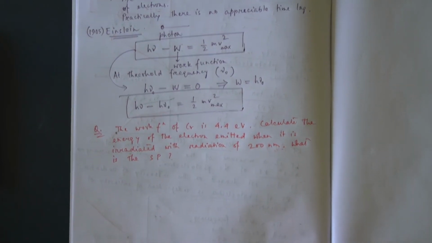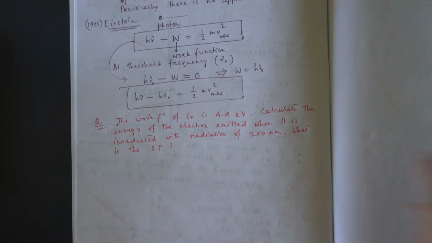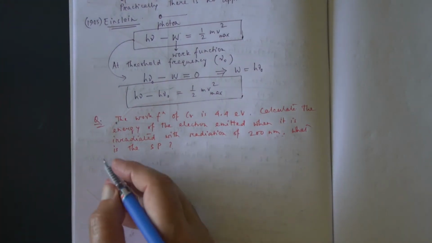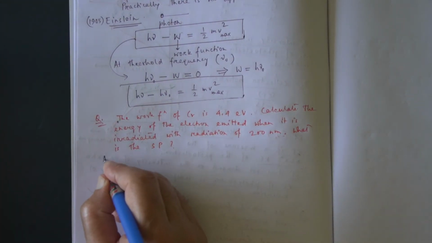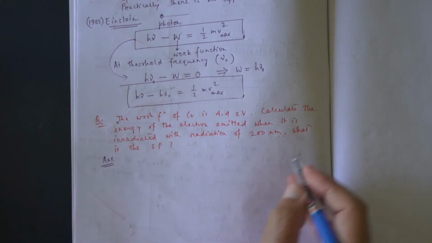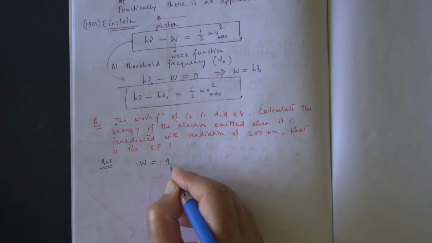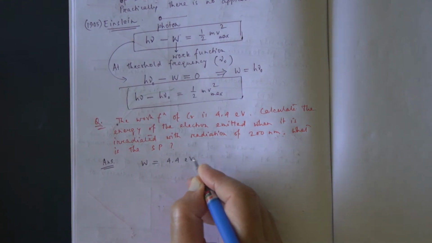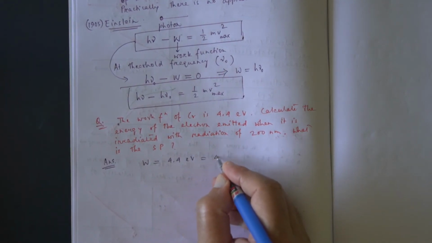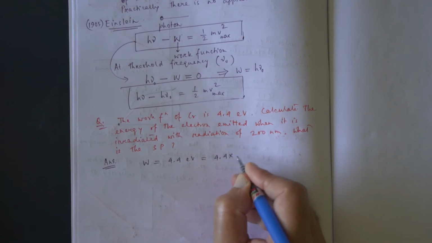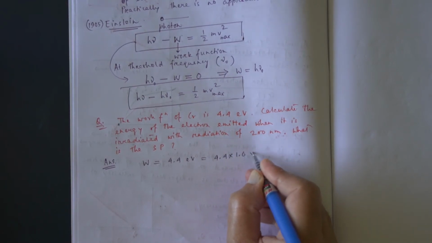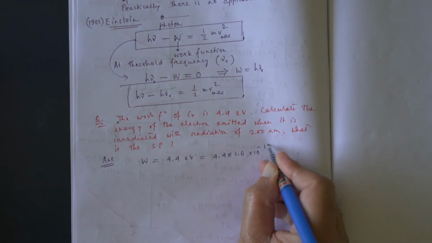So this is the question, very simple one, everything is given. Work function W is given, 4.4 eV, electron volt, converted to SI: 4.4 into 1.6 into 10 to the power minus 19 joule.